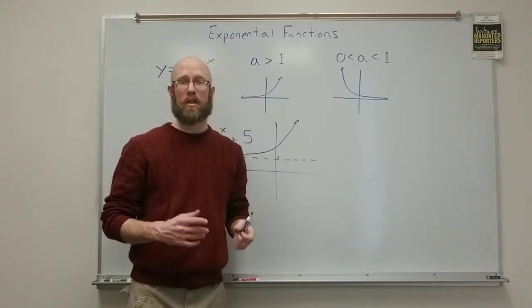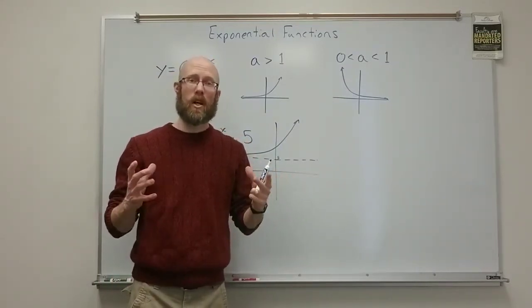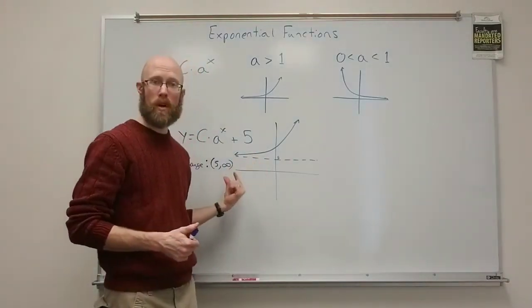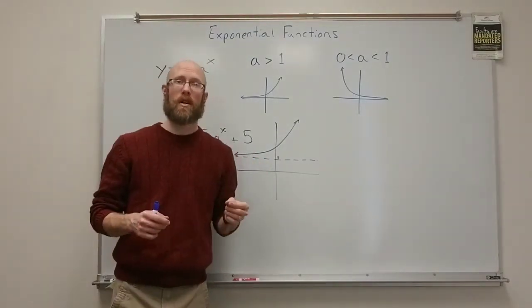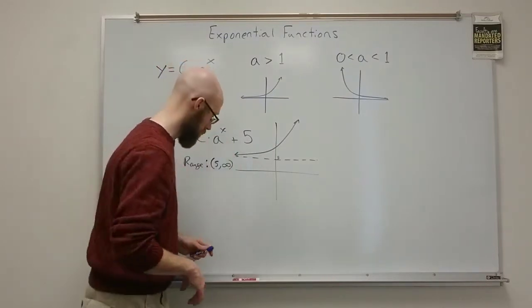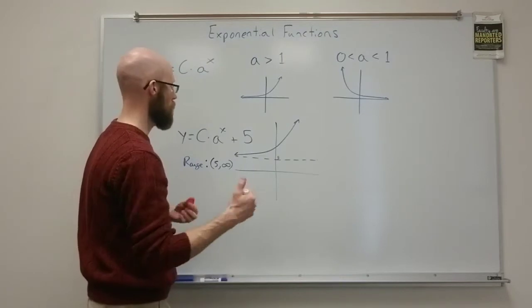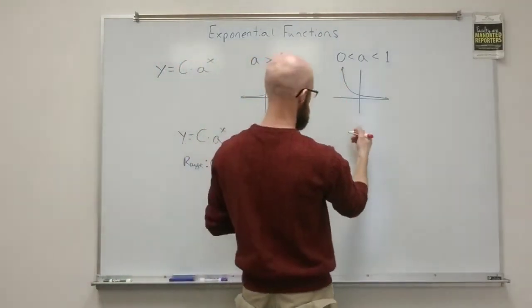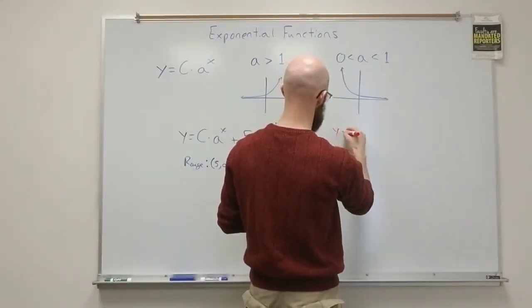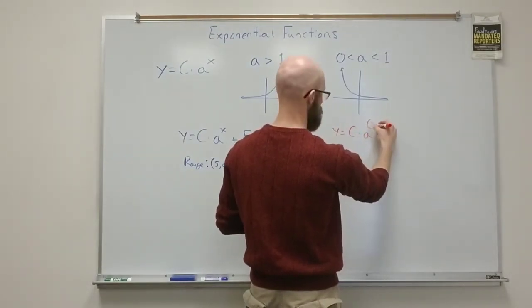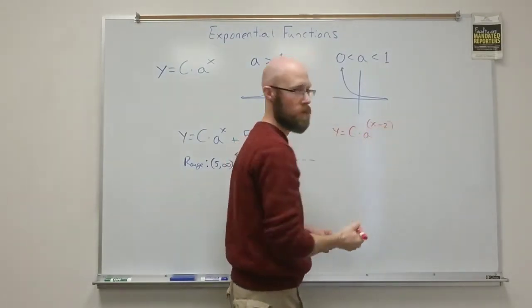Now, if I wanted to do a horizontal shift of the graph, that's not going to change the asymptote or the range. That's actually going to change the y-intercept. So I'll do that over on the decay function. Let's do y equals c times a to the x minus 2, for instance.